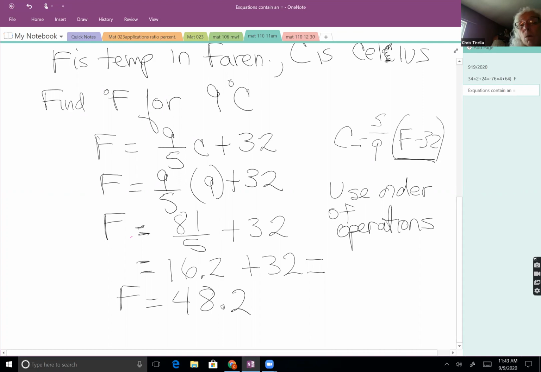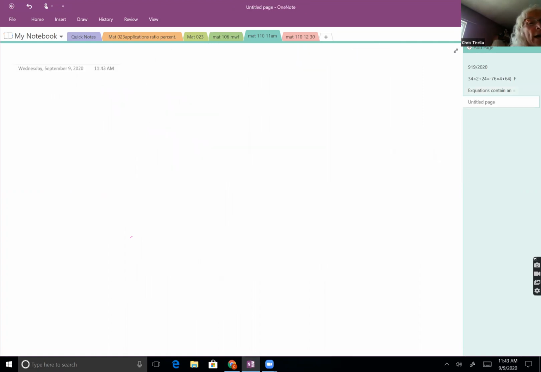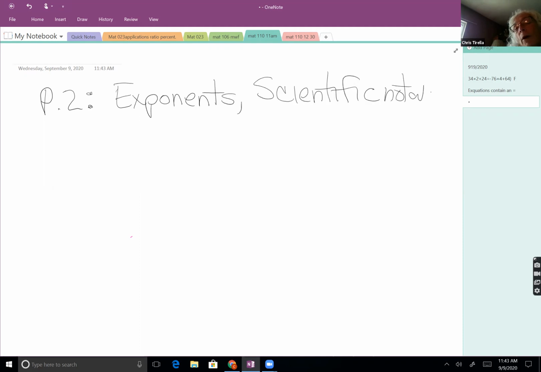So let's move on. Let's graduate to section P2. And section P2 deals with our laws for exponents, scientific notation, and radicals.